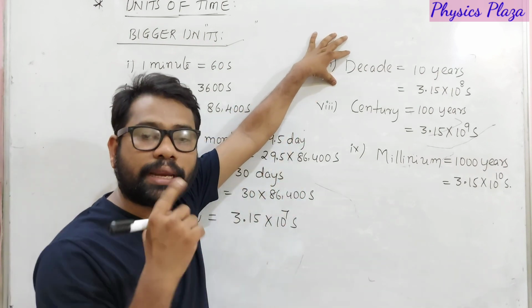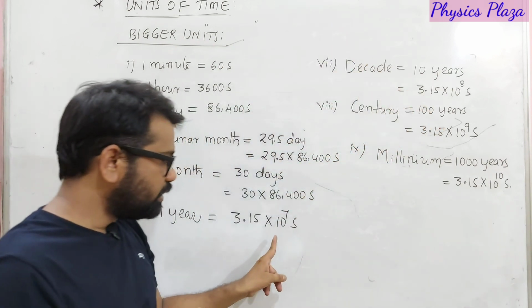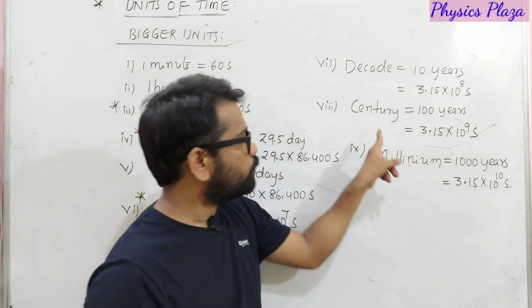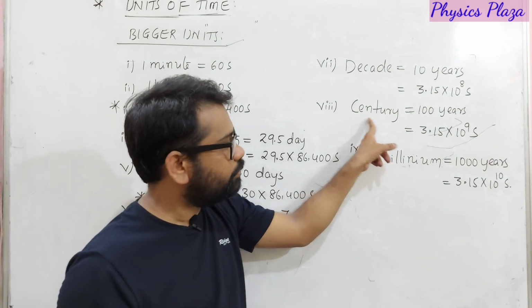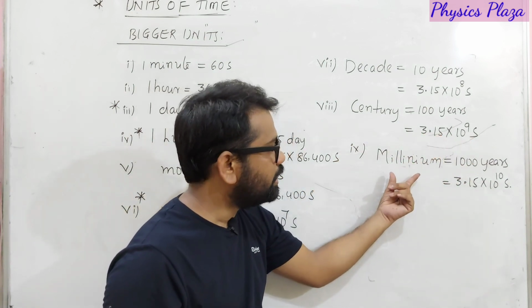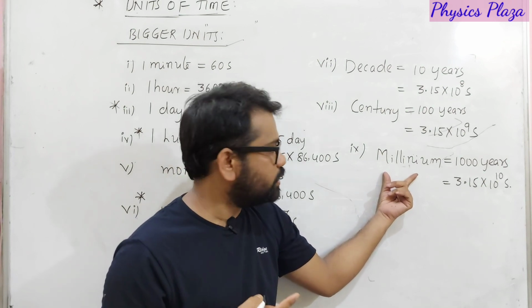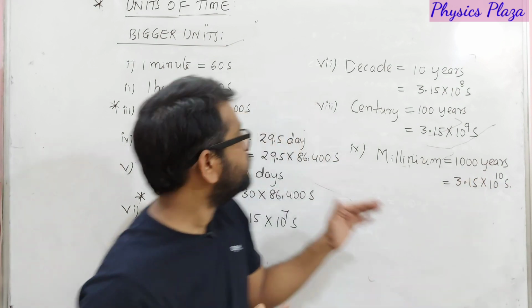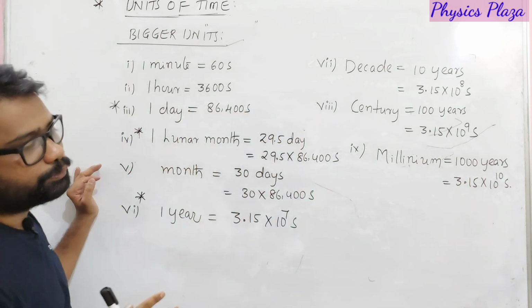Decade is equal to 10 years, so you can multiply with 10 and you will get 3.15 into 10 power 8 seconds. Century is equal to 100 years, which is equal to 3.15 into 10 power 9 seconds. And finally, a millennium, which is equal to 1000 years, which is equal to 3.15 into 10 power 10 seconds. So children, these are the bigger units of time.